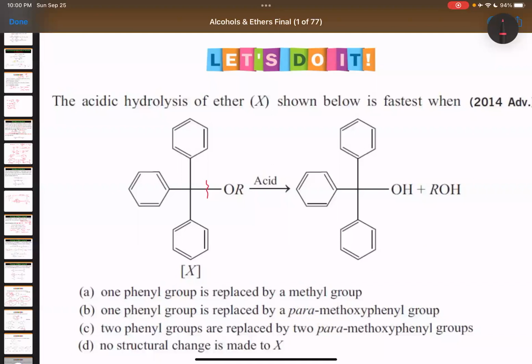Actually, this comes out and there is a carbocation, a tertiary one, as we know. So where is the rate going to be fastest?